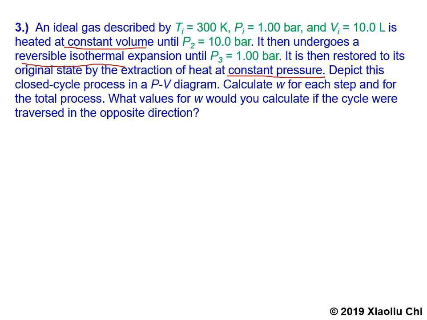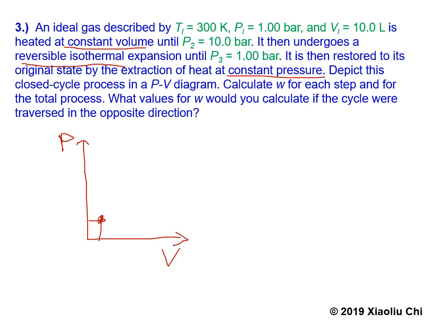For this kind of question, it's very useful if you can draw the PV diagram first. Okay, so let's see how it looks. So you have initial P1, T1, V1. So if this is pressure, this is volume. Okay, so you have the initial point right here, and it's heated at constant volume.